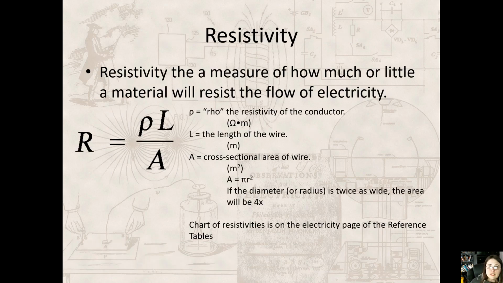So resistivity is the measure of the resistance of a material. It's the measure of how much or how little a material can resist the flow of electrons, or the flow of electricity. We actually have an equation for this, and this is in your reference table.